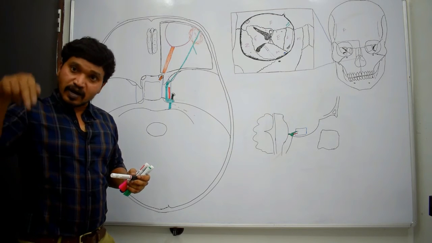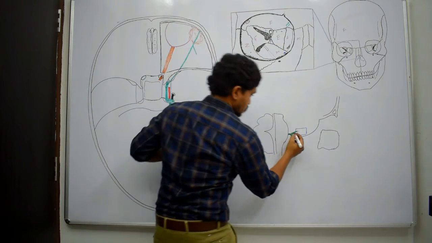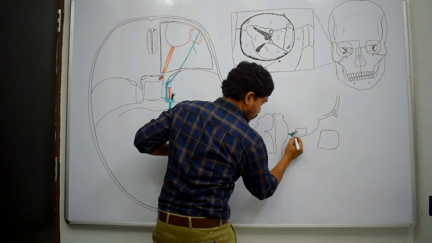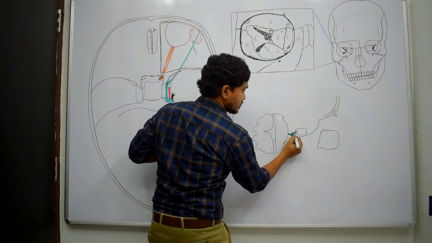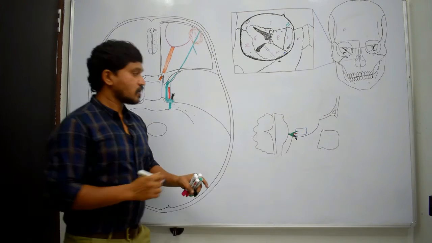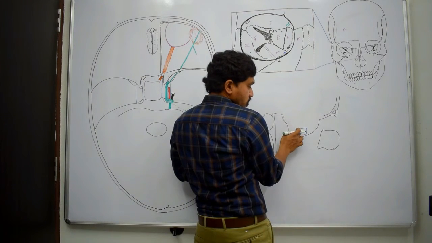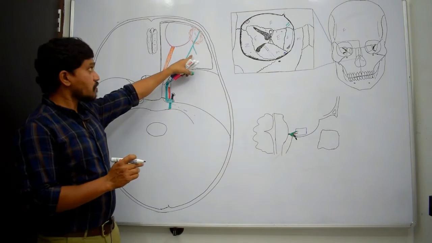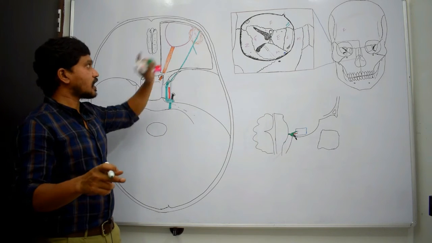That will pass through the foramen ovale and enter the infratemporal fossa. So that foramen will be here. Now we are least concerned about this nerve. Our motto is to explain the communicating branch from the zygomaticotemporal nerve to the lacrimal nerve.